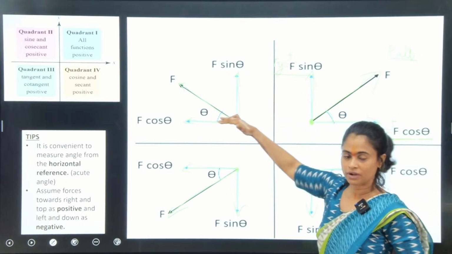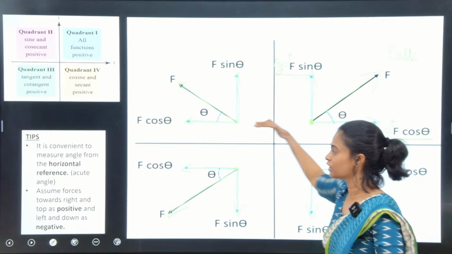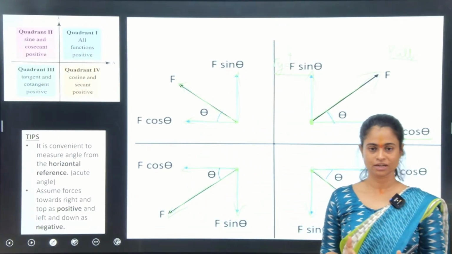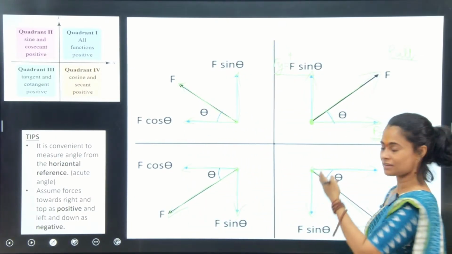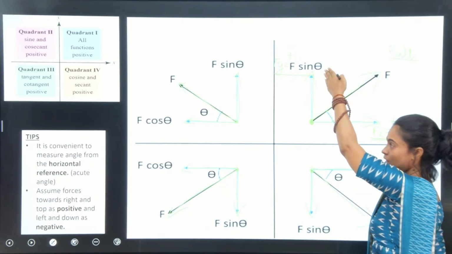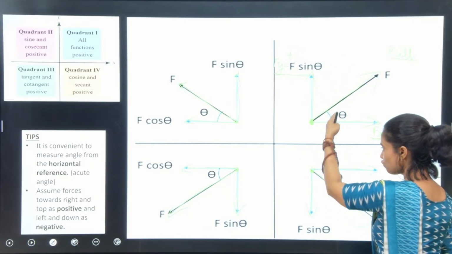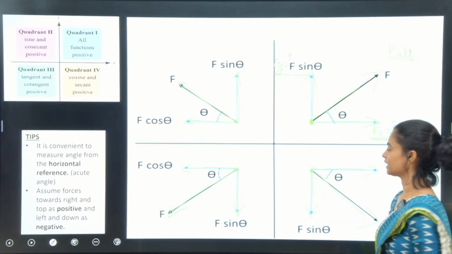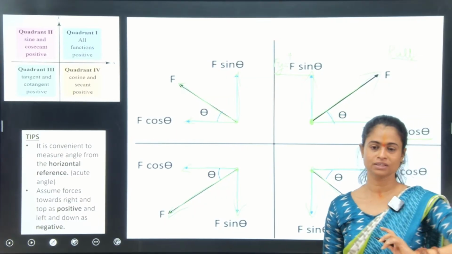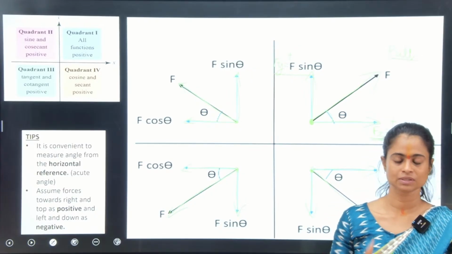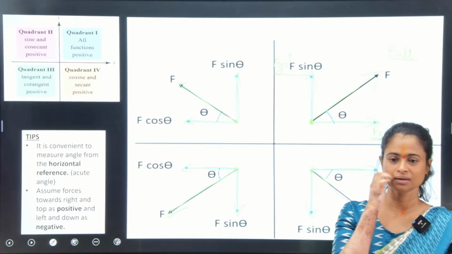Forces along x-axis but going backwards or towards the left are considered negative. Forces acting along y-axis and going upward are taken as positive. Forces acting along y-axis and going downwards are taken as negative. This is the convenience of sign that we can consider.